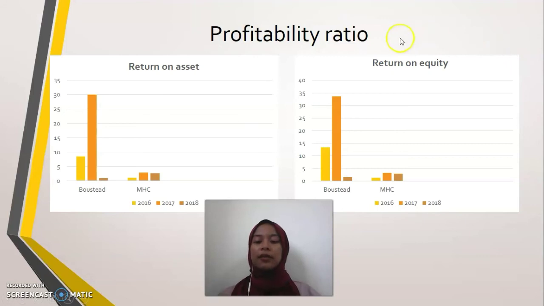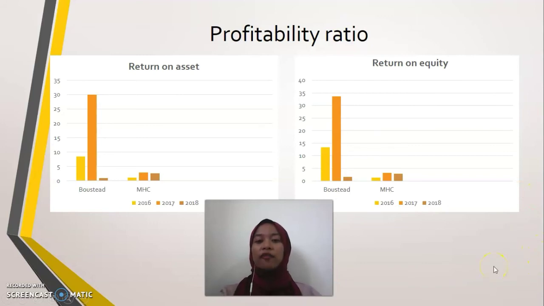So next is return on equity. This ratio measures the company's ability to get return from shareholders' investment. The higher the ratio, the higher the profit that is generated by equity in the company.